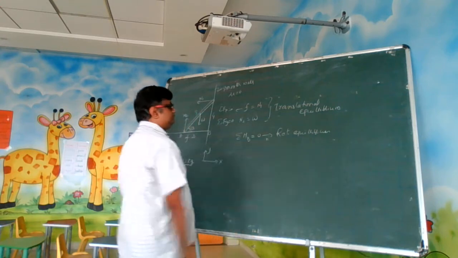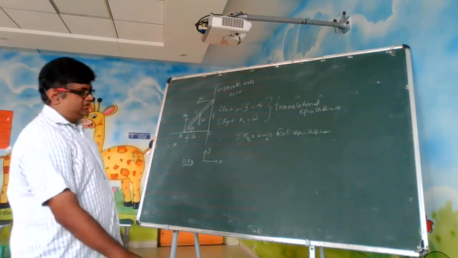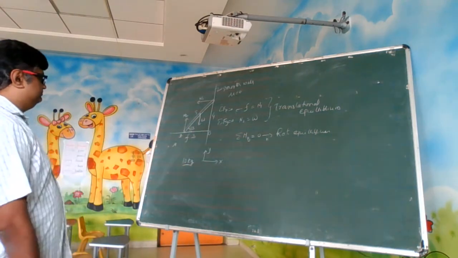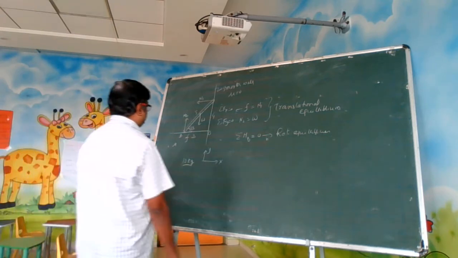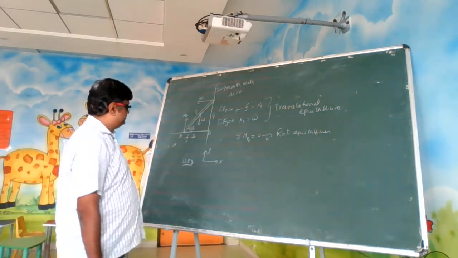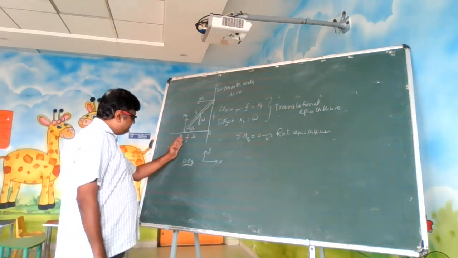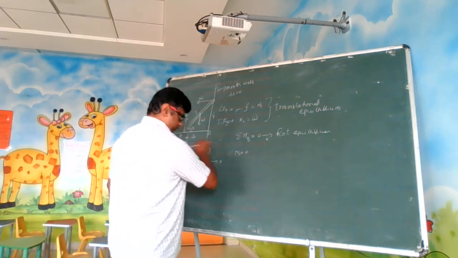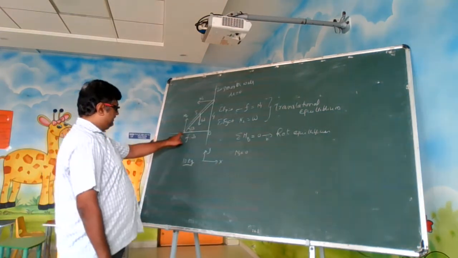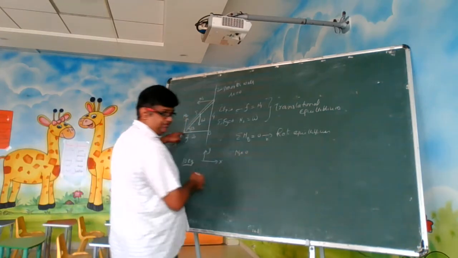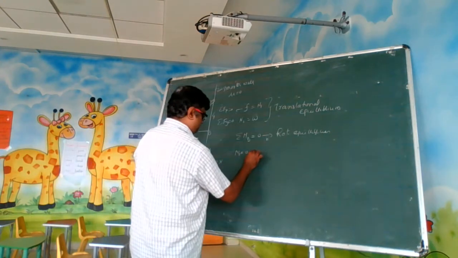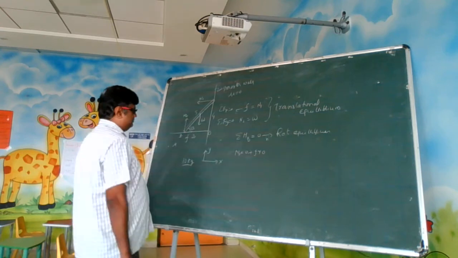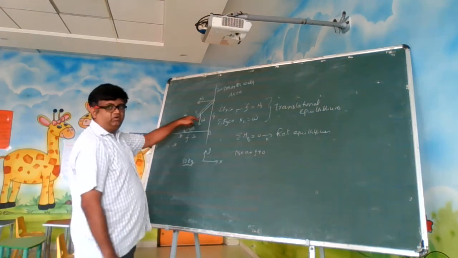Then only you can say that this is in rotational equilibrium. Sigma MB is equal to 0 means you need to identify all the forces. N2 force passes through B, so N2 into 0. F passes through the point, F into 0. W, what is W?